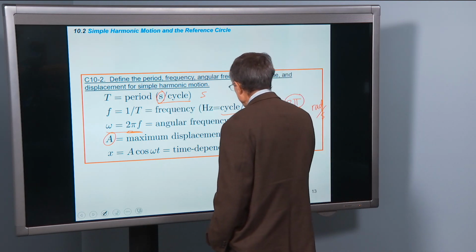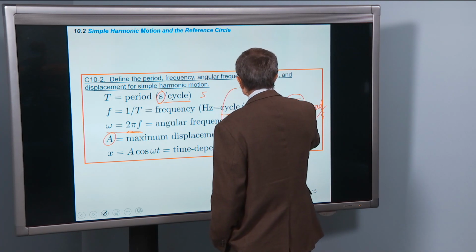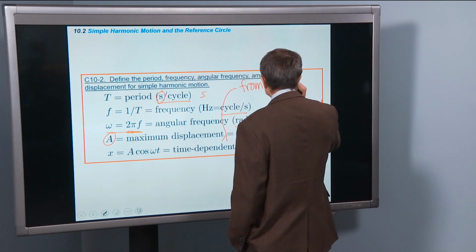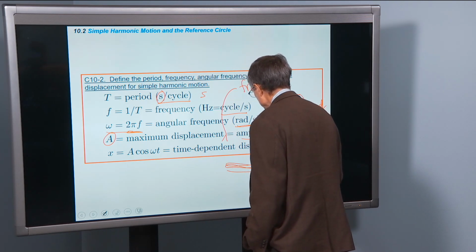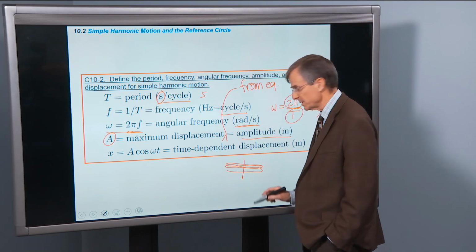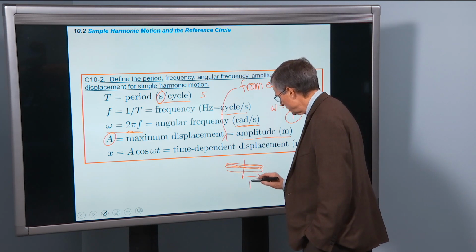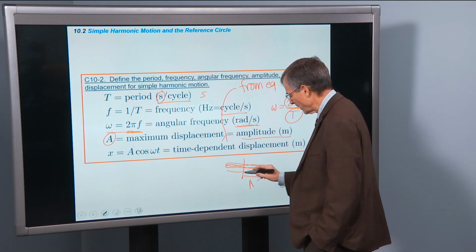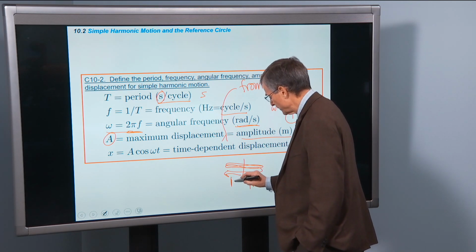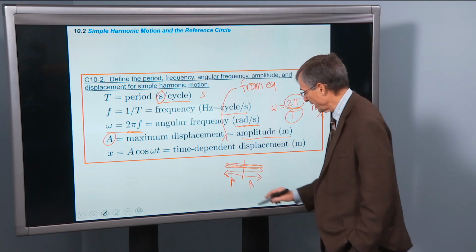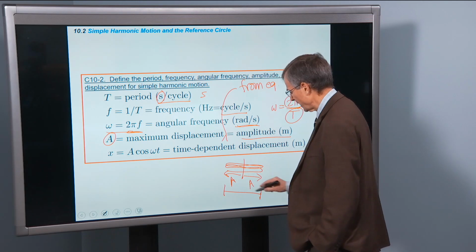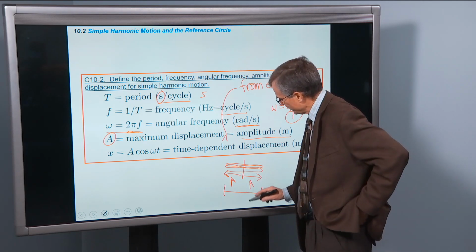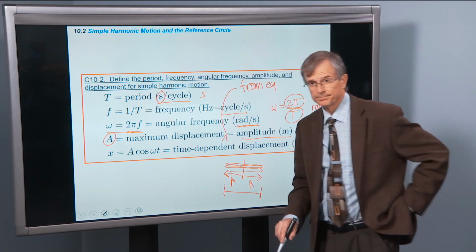So if it's oscillating back and forth like this, and this is the equilibrium position, then the amplitude is this distance here to the right, or you could also measure it to the left. In fact, the total distance that it covers back and forth is twice the amplitude.